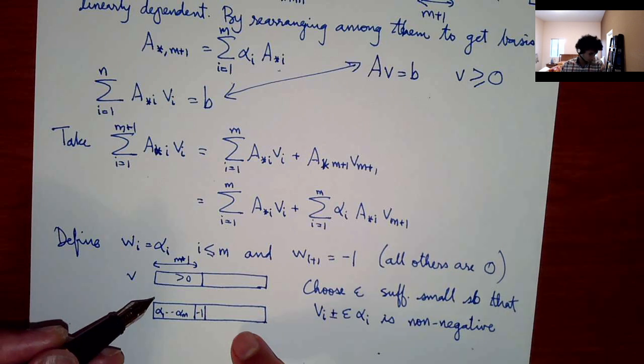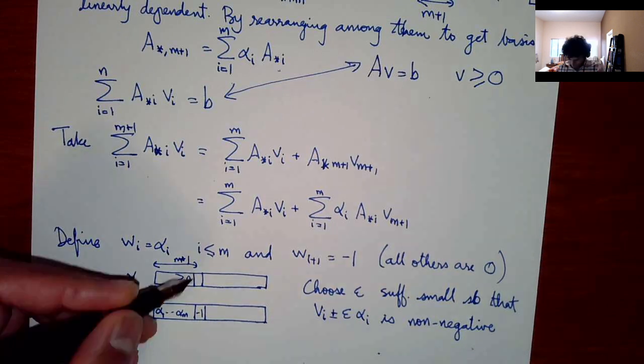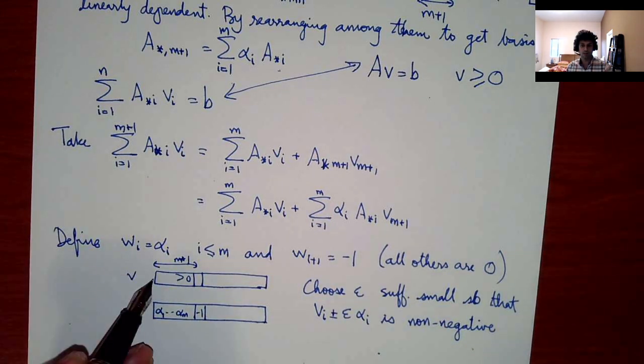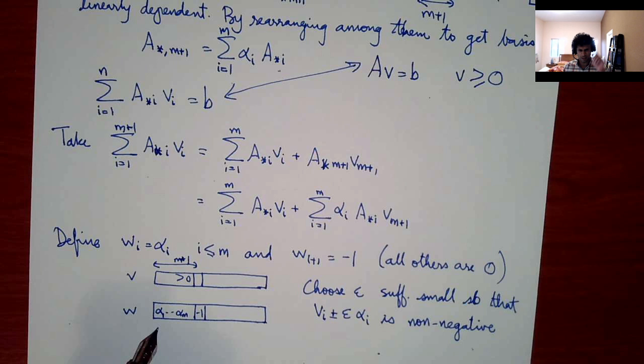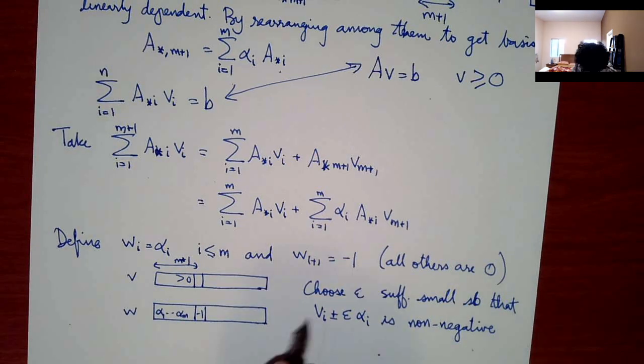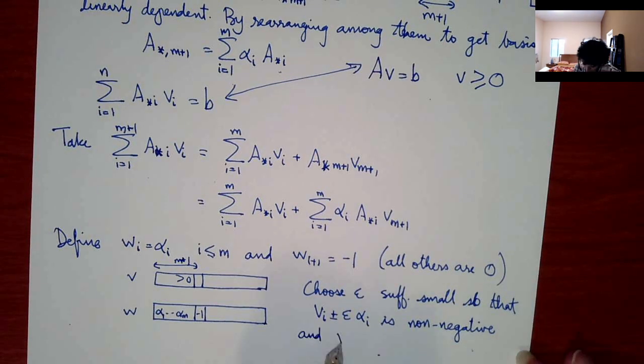Right, so I can choose that because all of these are strictly greater than 0. So I multiply this by epsilon, and V m plus 1 plus or minus epsilon is non-negative.